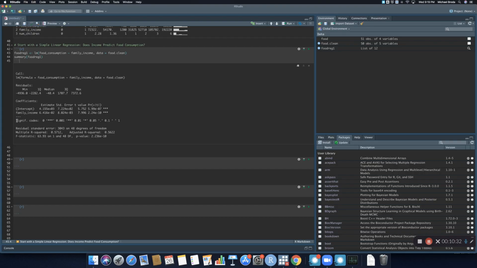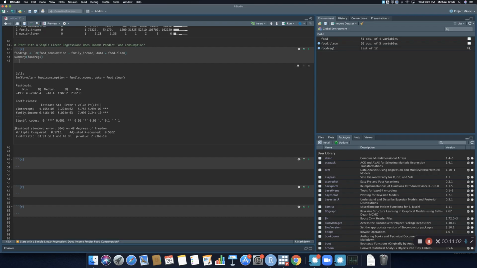Down here we get our significance codes. These are nice, and these are sort of pretty standard. So 3 stars here is associated with 0.001 significance, so that's high significance. 2 stars is 0.01, 1 star is 0.05, and a decimal point is 0.1, or sort of borderline significance.